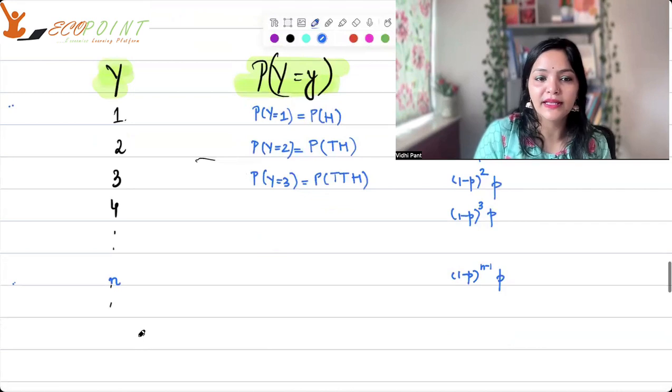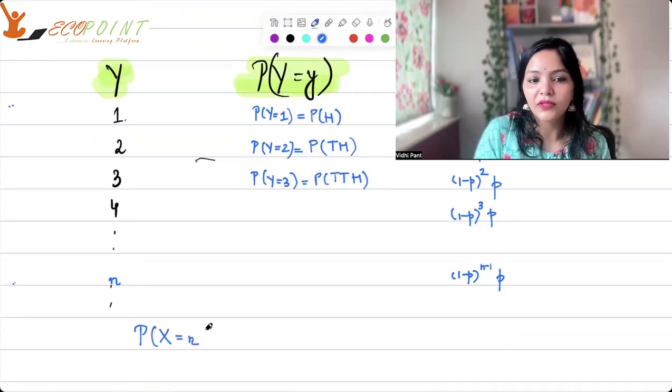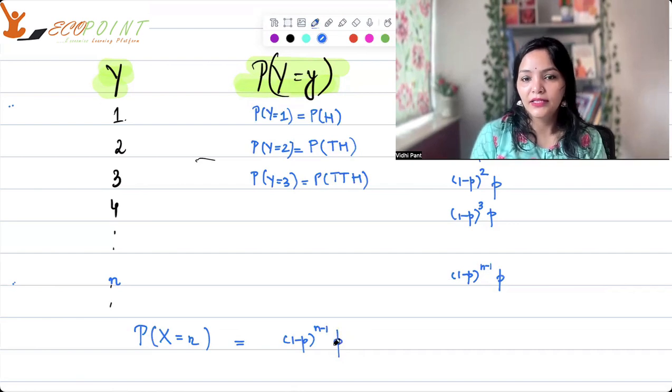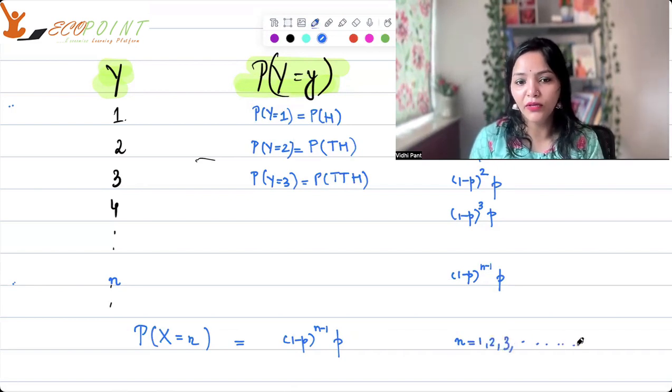Which means that I can actually generate a formula for this scenario. If I write down n here, it is (1 minus p) to the power n minus 1 into p, where n can take what values? n can take the values 1, 2, 3, so on and so forth. I can keep on going.